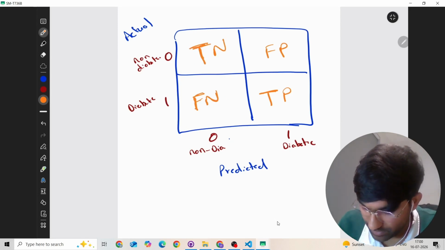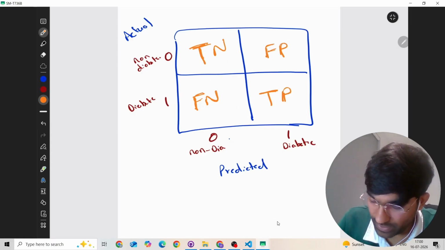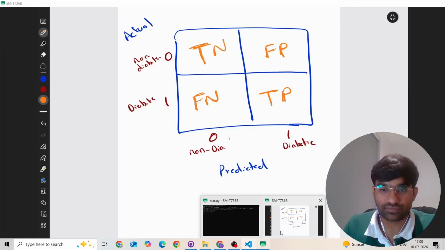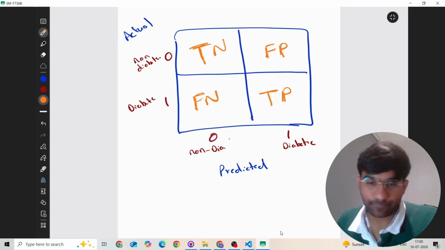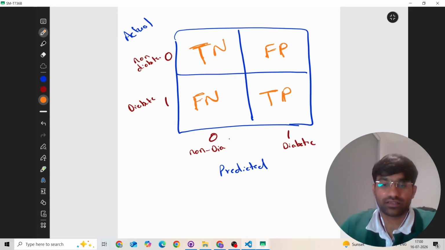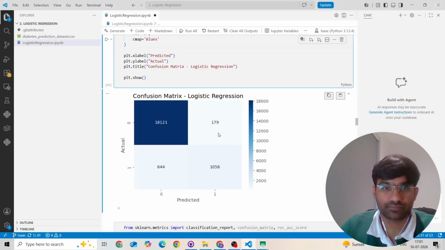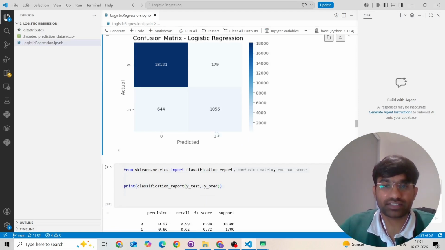So this is our confusion matrix now. You see the practical implementation and the theoretical concepts, and if you draw the confusion matrix, it looks like this. Okay. So this is the confusion matrix.